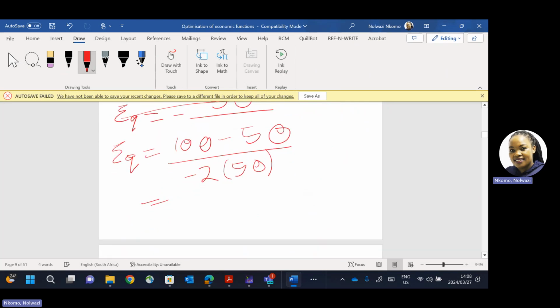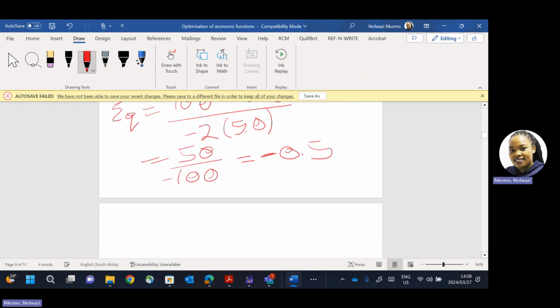And this is 50 over minus 100, and this is minus 0.5. And the absolute value of the point elasticity is equal to 0.5.